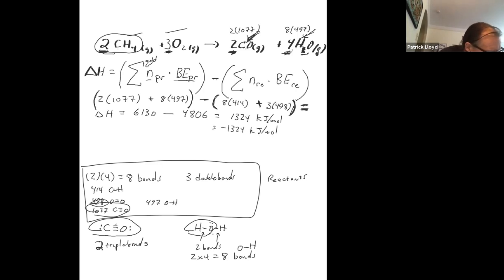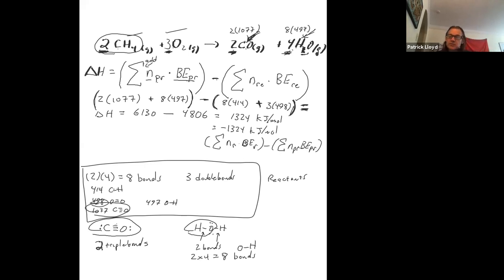Why? Because it's actually the sum of the number of moles of reactants times BE of the reactants, minus the sum of the number of moles of products times bond energy of the products. Okay, I got it reversed.